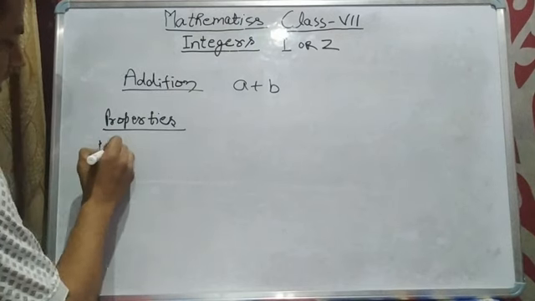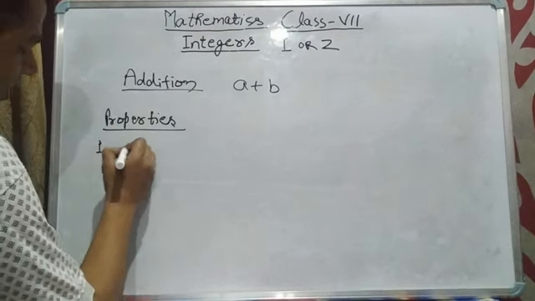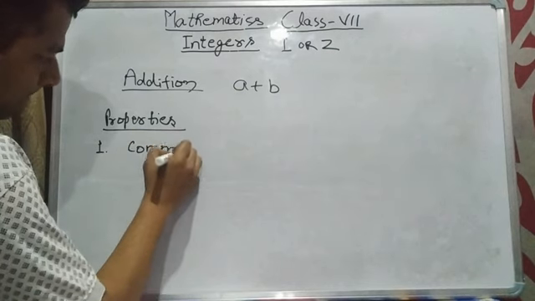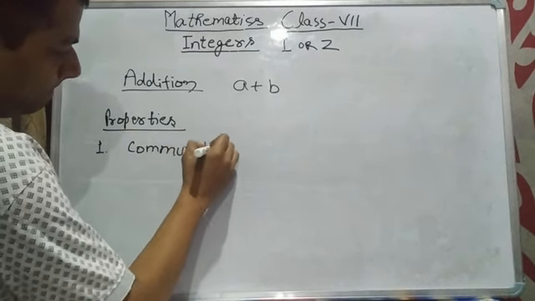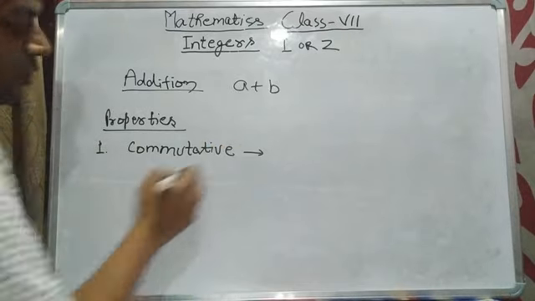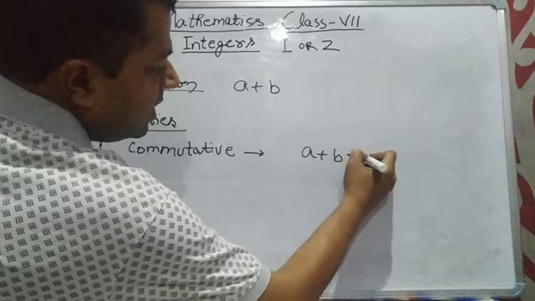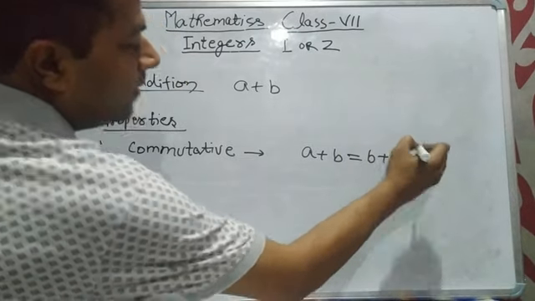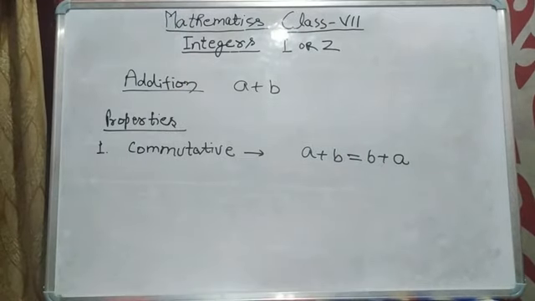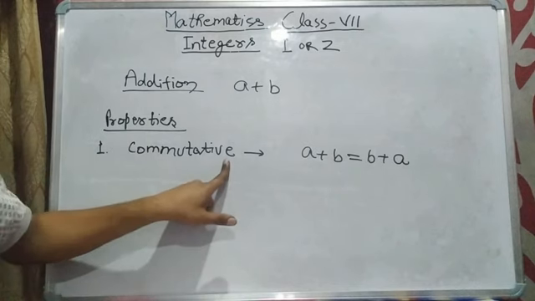First property says, that is commutative property, this property says A plus B is equal to B plus A. This is the first property, commutative property.